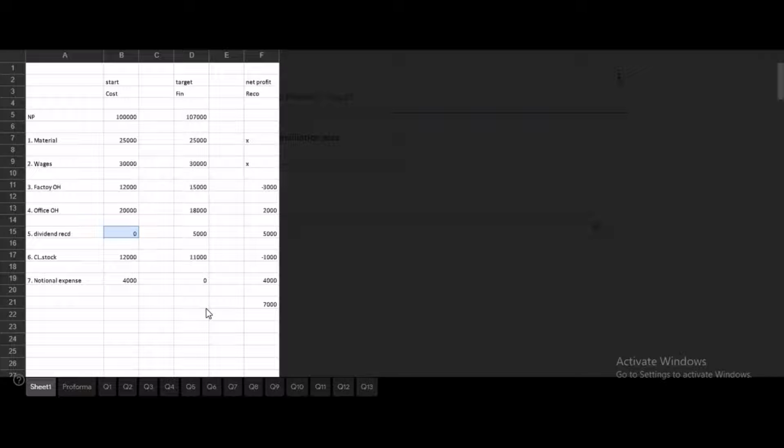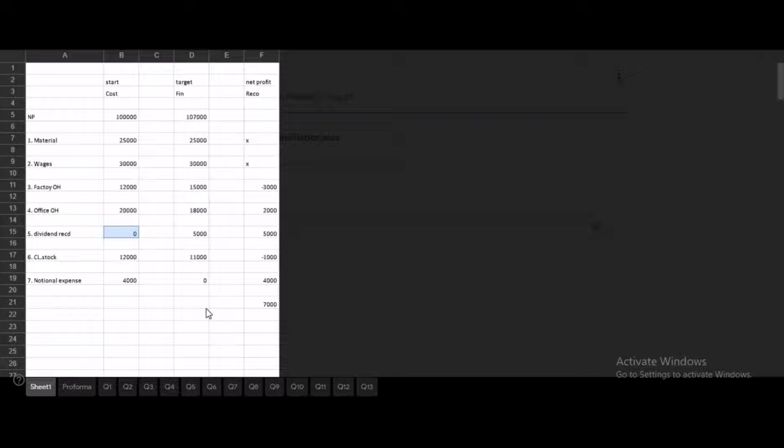Base also 30,000, no difference. Factory overhead in cost accounting is 12,000 and in financial accounting is 15,000, so the difference is minus 3,000. Office overhead is 20,000 and in financial accounting is 18,000, so 2,000 is the balance.